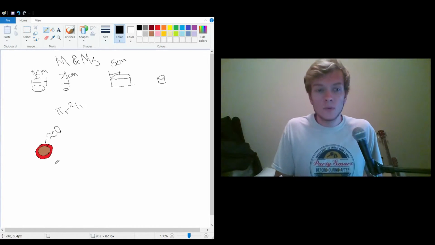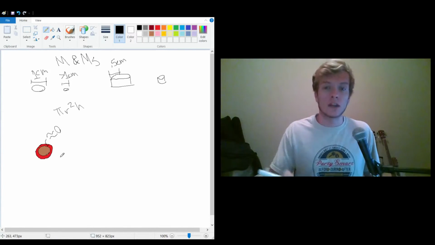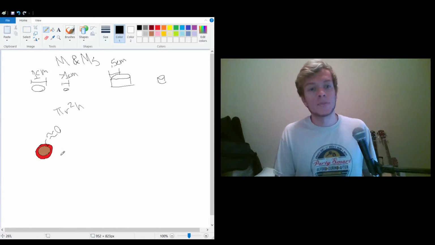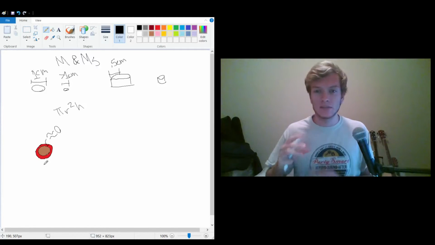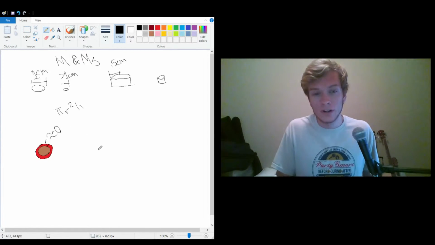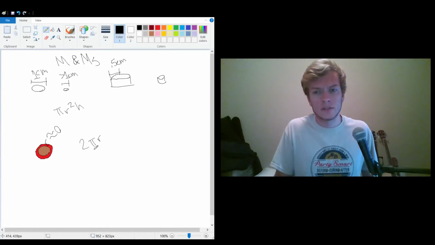Well, then we can assume that the candy itself would then be the surface area of this orb. So if this orb were to be considered a sphere, which it's not, it's somewhat of a flattened sphere, but if this orb were a sphere, that surface area would be 2 pi r. I'm sorry, I believe that's actually the circumference of a circle.